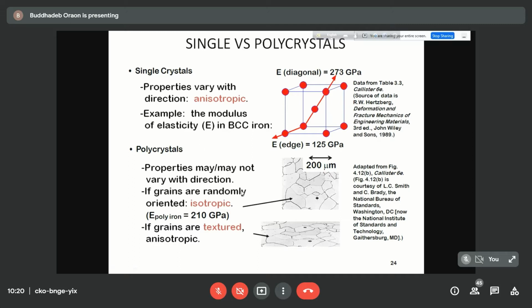Now you see the value of E or elastic modulus in this particular direction, as shown by the arrow. If you apply the force in this direction, you are getting elastic modulus around 125 GPa, let us say. And when you are applying a force in this direction, you are getting elastic modulus 273 GPa.